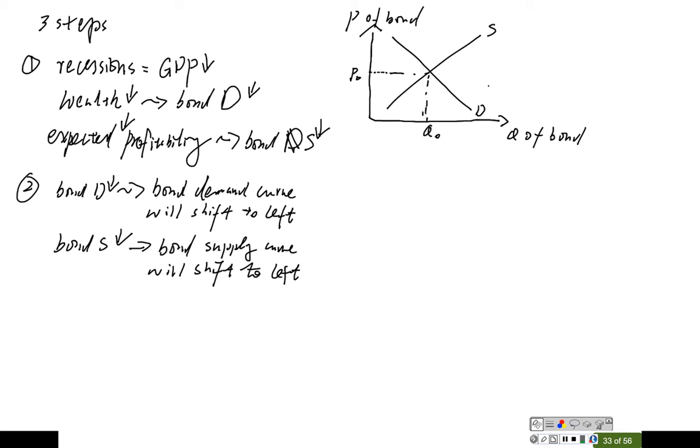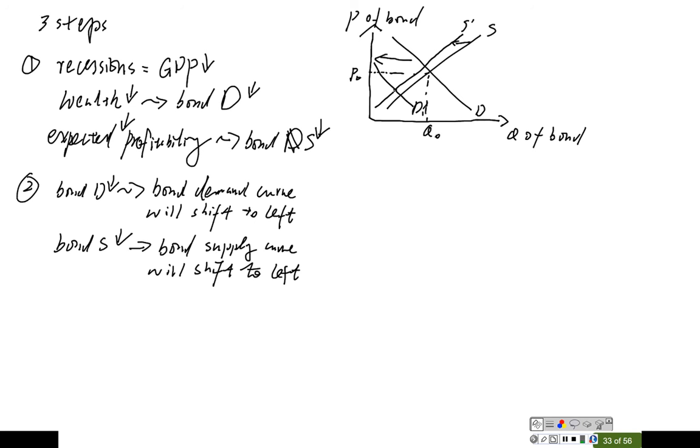So we have to assume a first scenario: the bond demand curve shifts to the left a lot, you can see here, right? But the bond supply curve only shifts to the left a little bit. You also can see from the size here. So now where is the new equilibrium point? We use the supply curve and the new demand curve.